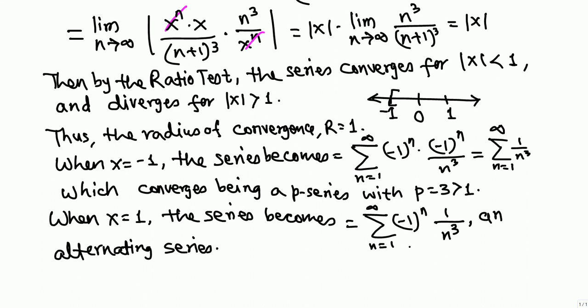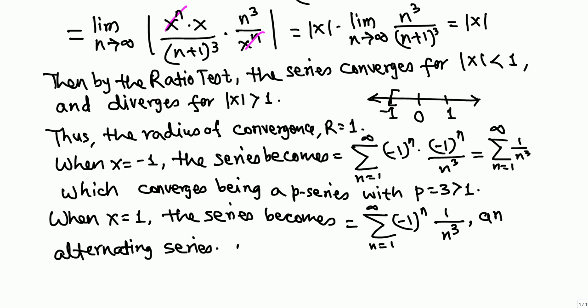To test for convergence, we use the alternating series test, where we are only concerned with 1 over n cubed. We want to show two things: for convergence, 1 over n cubed should be decreasing, and it should decrease to 0. When n is bigger and bigger, the bottom is bigger and bigger, so 1 over bigger and bigger is smaller. That means 1 over n cubed is decreasing. And when n goes to infinity, 1 over infinity is 0, so they decrease to 0 as well.